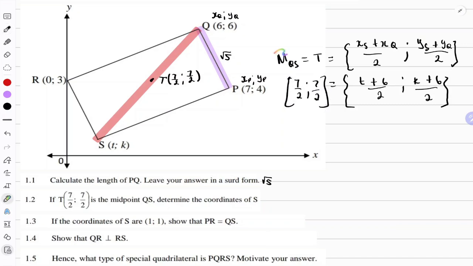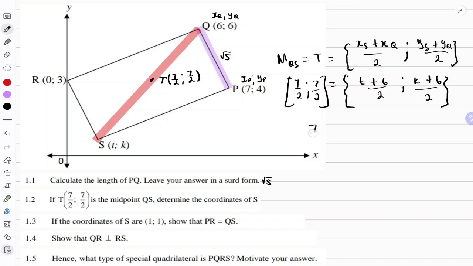Because we've learned that the midpoint of QS and T are the same, it means their coordinates are equivalent. So we can just equate the x coordinates and the y coordinates respectively. Let's start with the x coordinates.